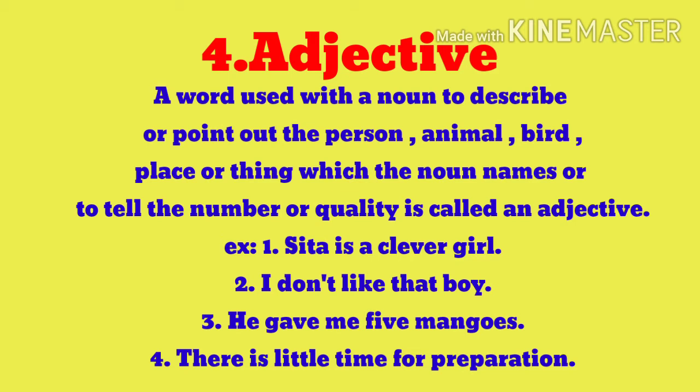In sentence 3, 5 shows how many mangoes he gave me. In sentence 4, little shows how much time there is for preparation. So we may define an adjective as a word used with a noun to add something to its meaning.